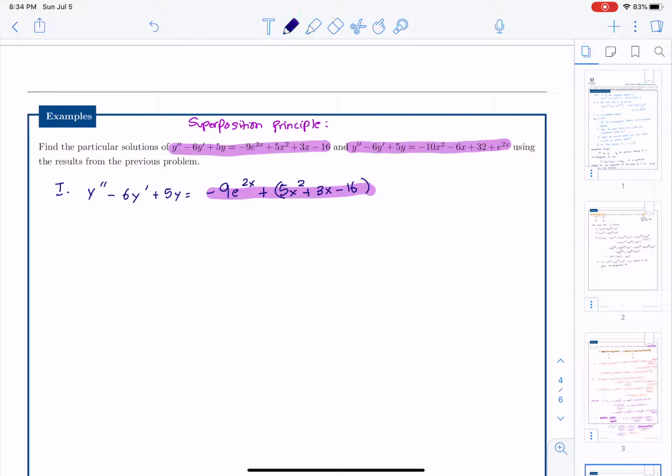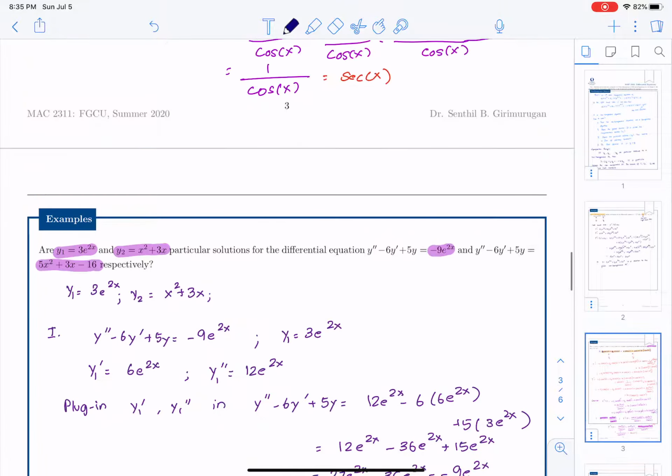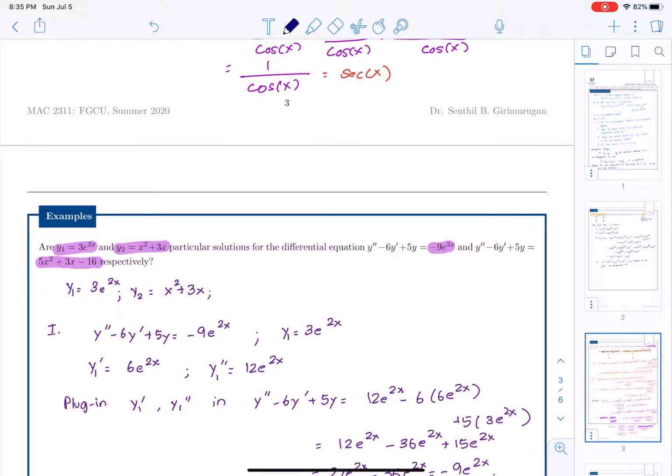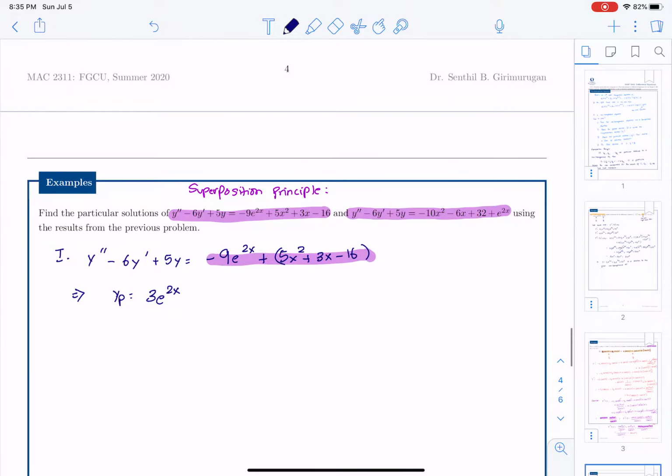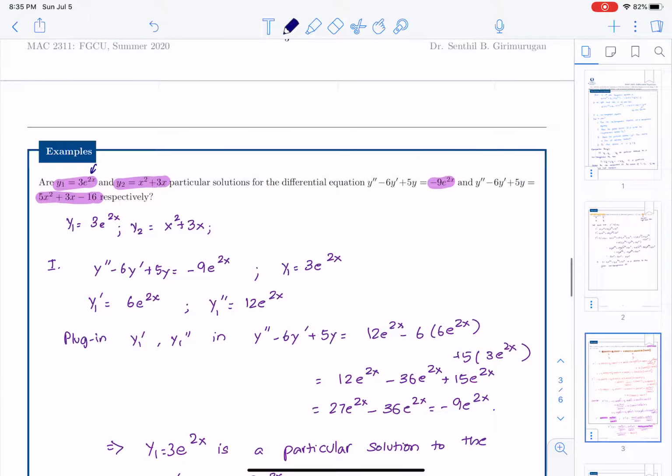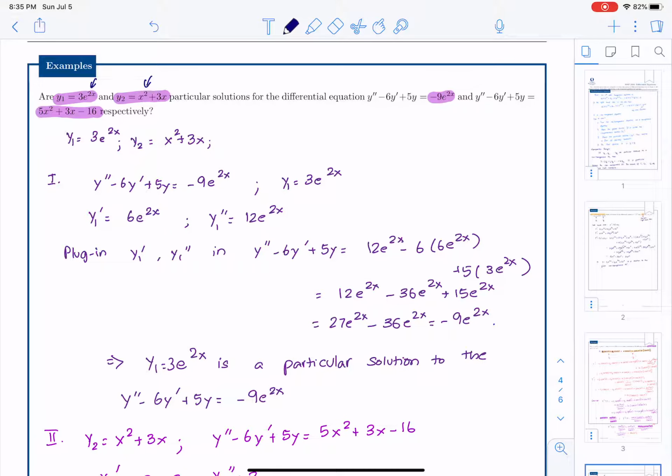So that tells us yp equals 3 e raised to x, which is a particular solution for the first equation, and x squared plus 3x is the particular solution for the second equation, which is y double prime minus 6y prime plus 5y equals 5x squared plus 3x minus 16.